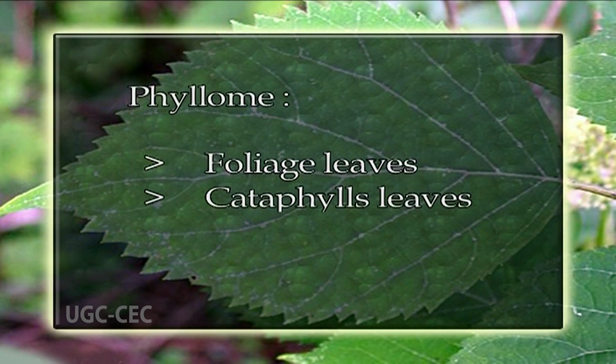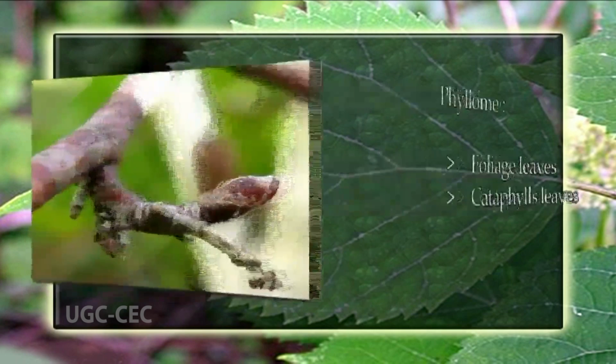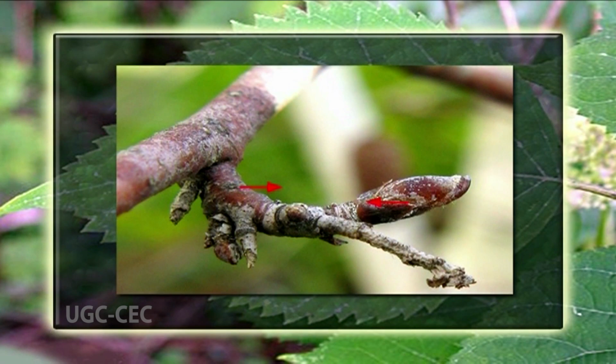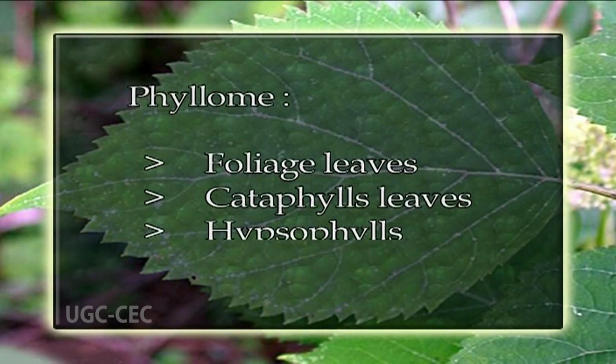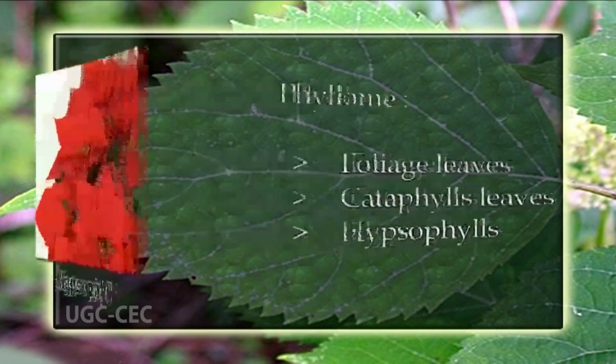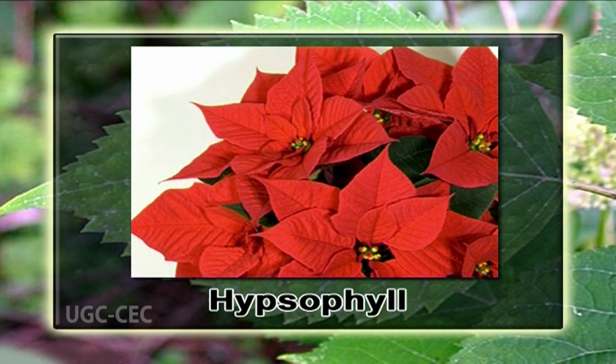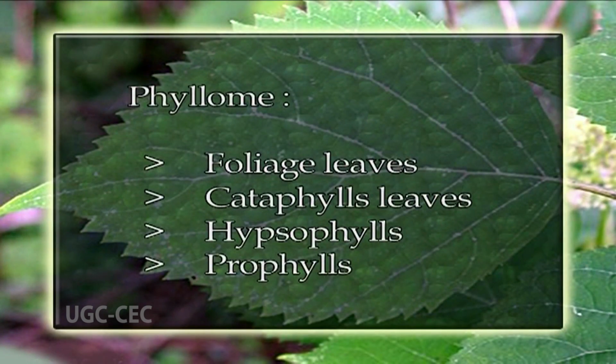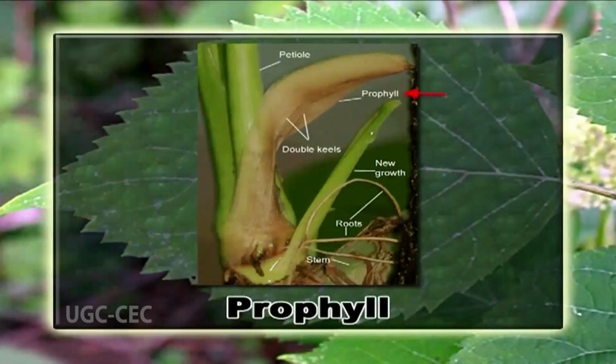Second, cataphylls, that is leaves that appear on buds and on underground stems. Third, hypsophylls, various types of bracts that accompany the flowers. And fourth, prophylls, these are floral organs like sepals and petals and others.